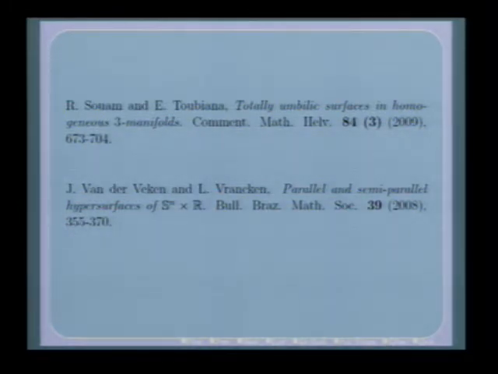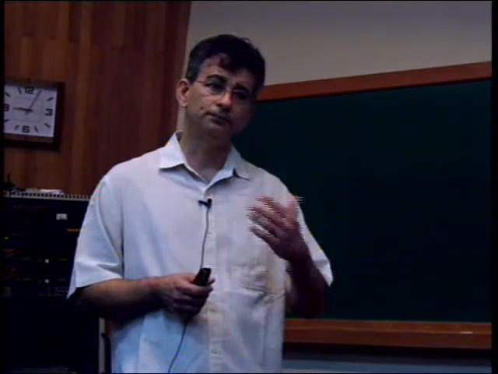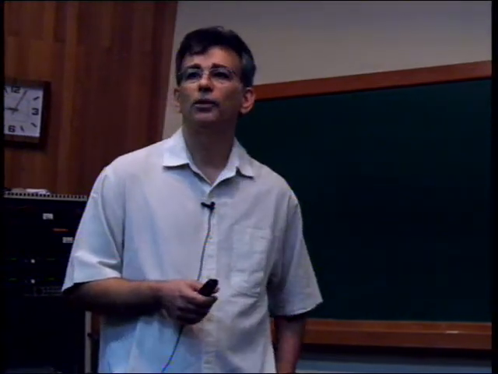So our initial goal was to extend the results to submanifolds of arbitrary codimension. And this is in fact part of a bigger program of trying to classify umbilical submanifolds in an arbitrary product of space forms.